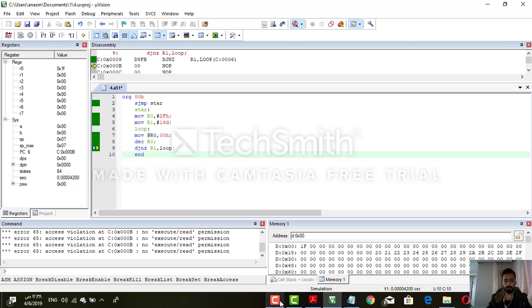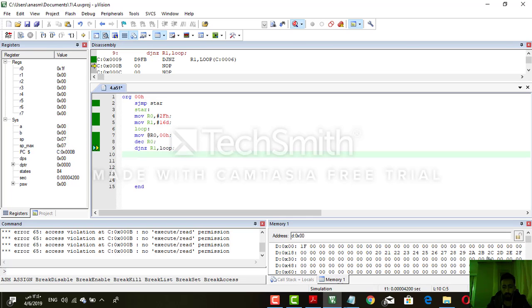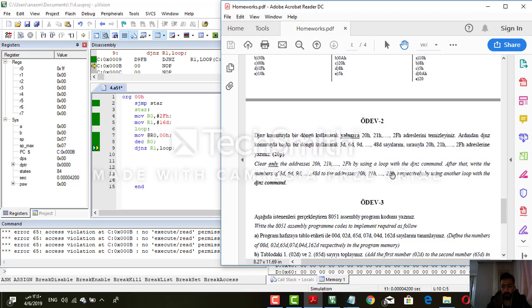After that, write the numbers 3 decimal, 6 decimal, 9 decimal, and 48 decimal to the addresses of 20 hex, 21 hex, and until 2f hex by using another loop. Okay, so we will write the information firstly as we talk. We will move the highest address to any register, also R0 as we write.